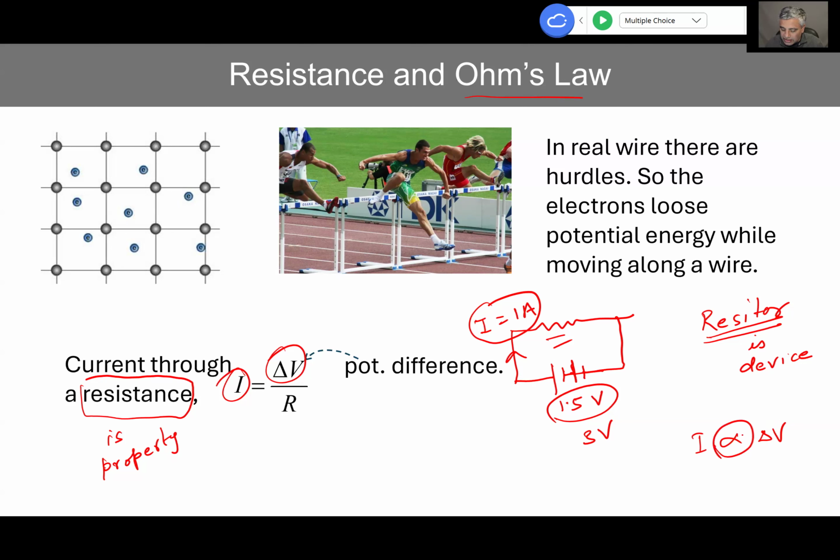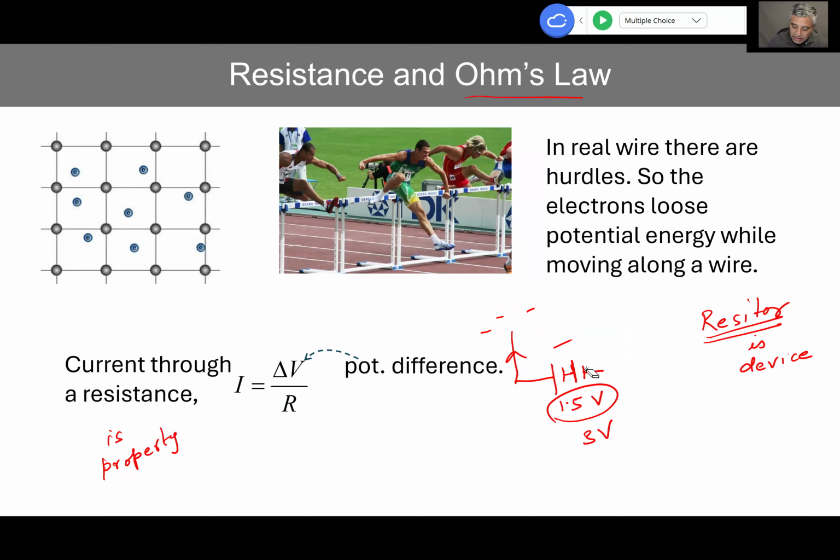So this proportionality sign is replaced by a constant, and that constant is resistance in this case. Mathematically speaking, it is just a proportionality constant. Physically speaking, in terms of physics, it is that property of the material that resists the motion of the flow of electrons or charges.